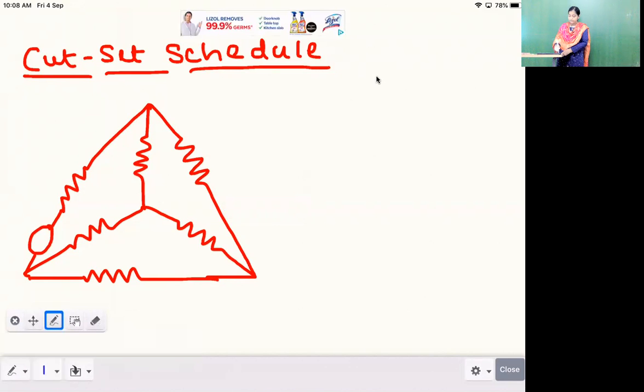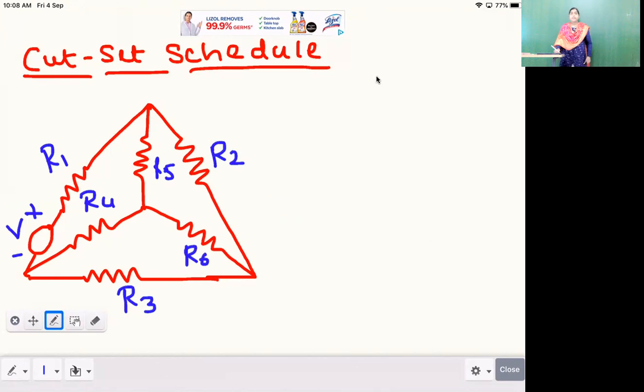Let me represent the voltage: this is the voltage source, whose value we will consider as V. Now let us name the resistors. This is R1, this is R2, this is R3, this is R4, this is R5, and this is R6. So let us consider a simple network which consists of a voltage source and resistors.